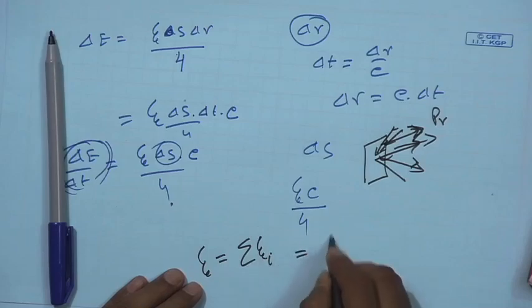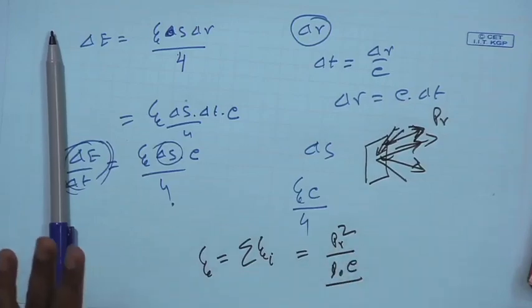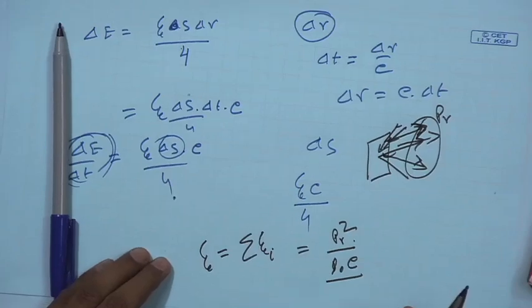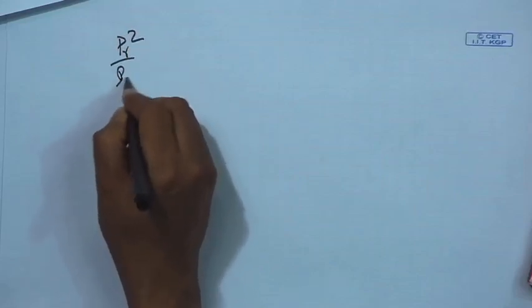It is nothing but PR square divided by rho 0 C. What is PR? The reflected sound. Let the total reflected sound pressure be PR, then it is PR square by rho 0 C.